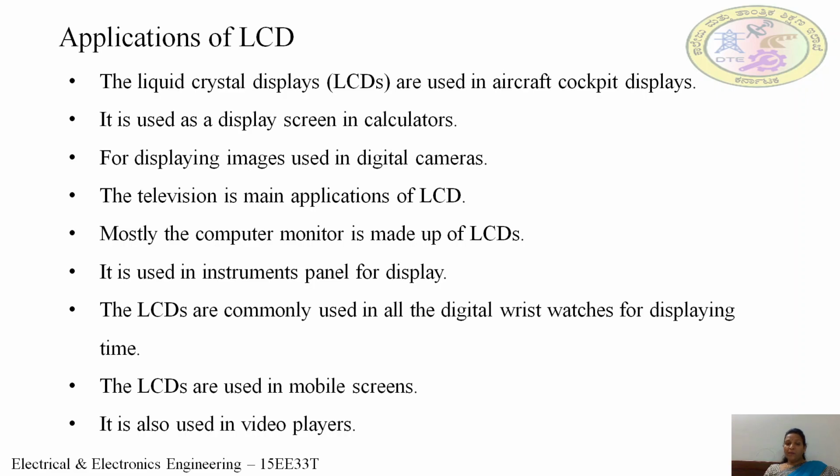They are commonly used in smart watches, digital wrist watches for displaying time. They are used in mobile screens. You all know that LCDs are used in mobile screens, and they are also used in video players. So these are a few applications to mention with respect to the liquid crystal display.